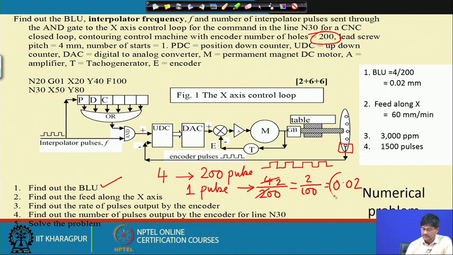Okay, and this must be the amount of distance kept track by the encoder, one encoder pulse. Therefore this is the answer.